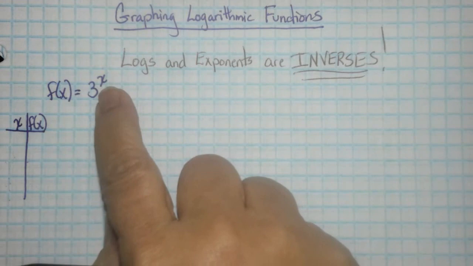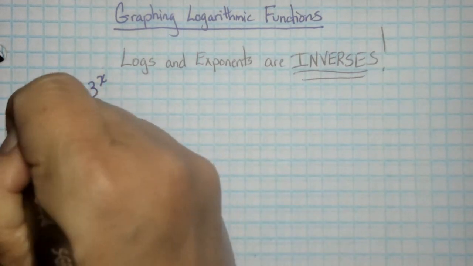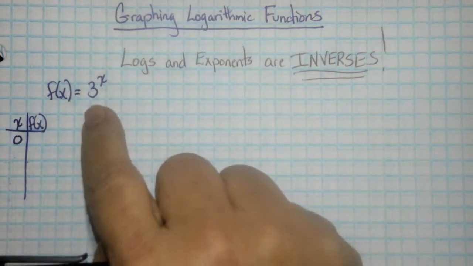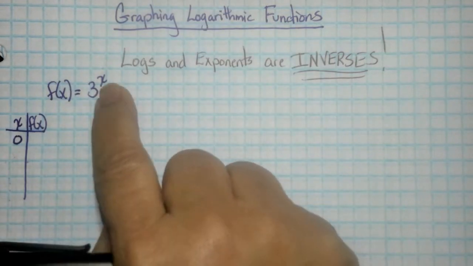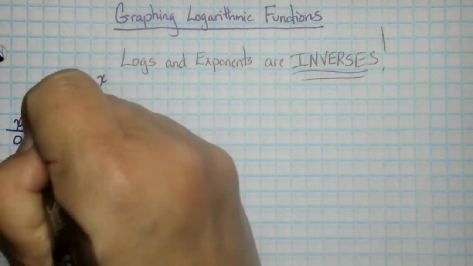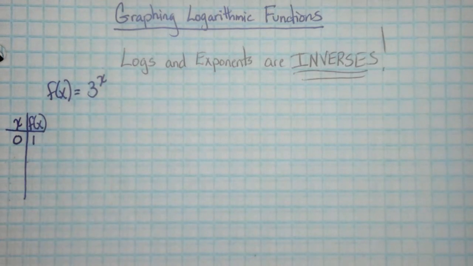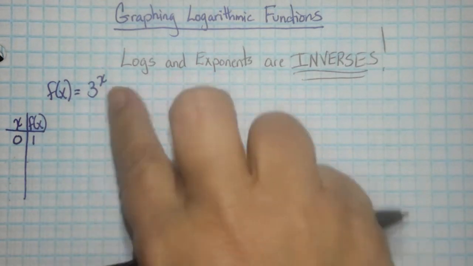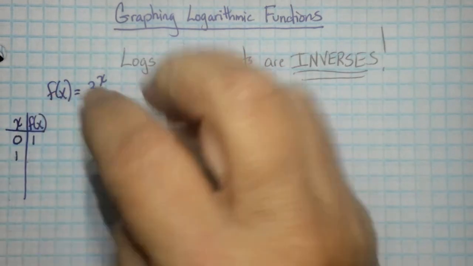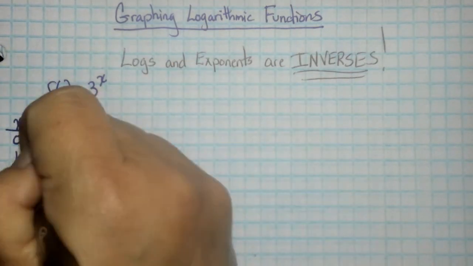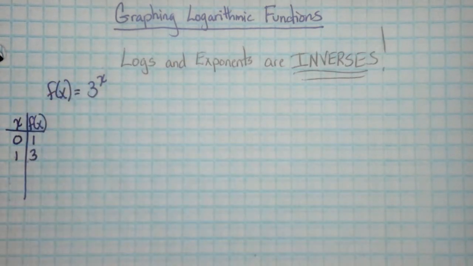Recalling that graphing an exponential, one good x to plug in is 0, because we know that any number except 0 raised to the 0 power is 1. Another good number to plug in for x is 1, because 3 to the first power is 3. Then we probably want to see what's happening if x is negative.